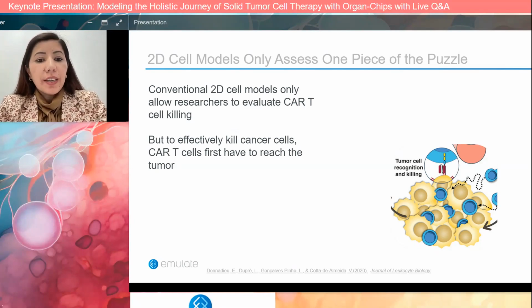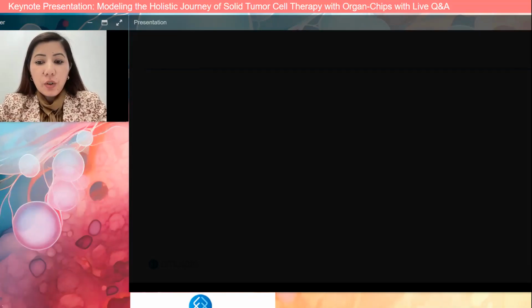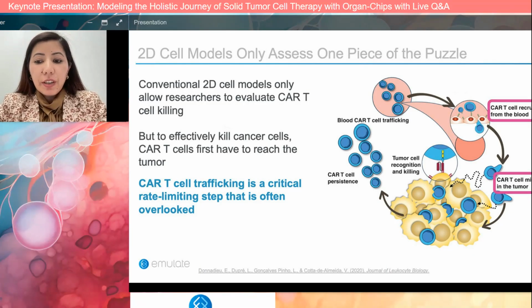For solid tumors, it's a different journey. They have to come out of the bloodstream and then migrate into the tumor, and that's why CAR T cell trafficking is critical. However, it is a very rate-limiting step that is often overlooked.